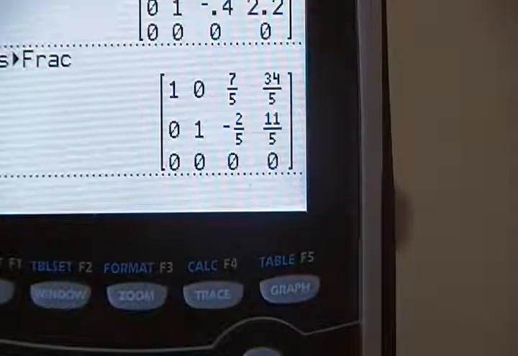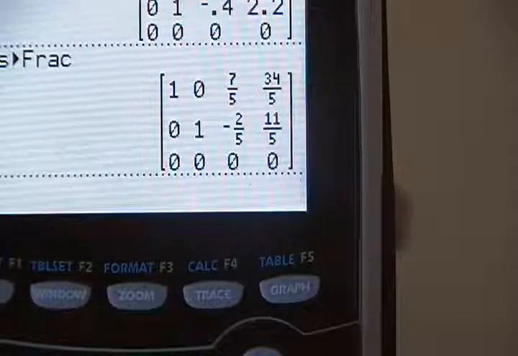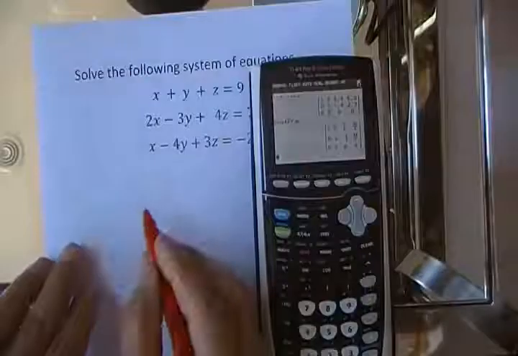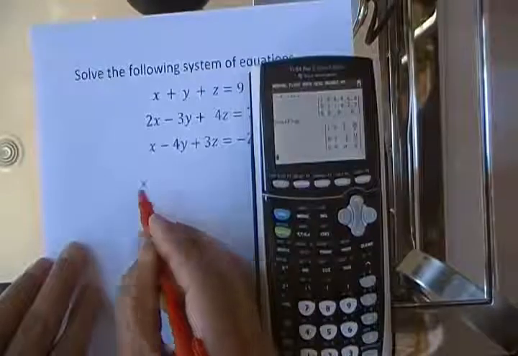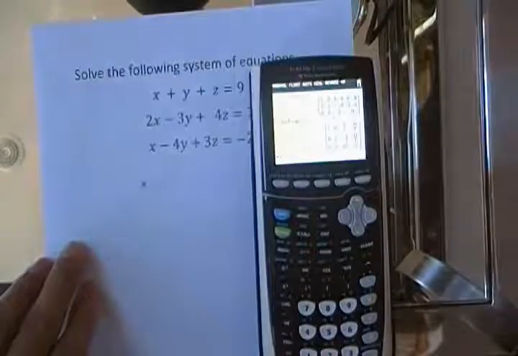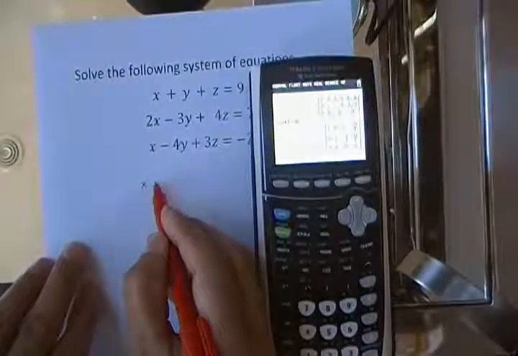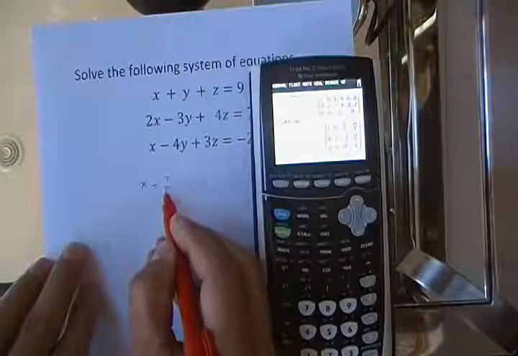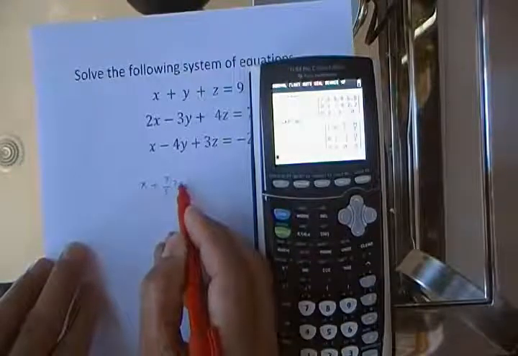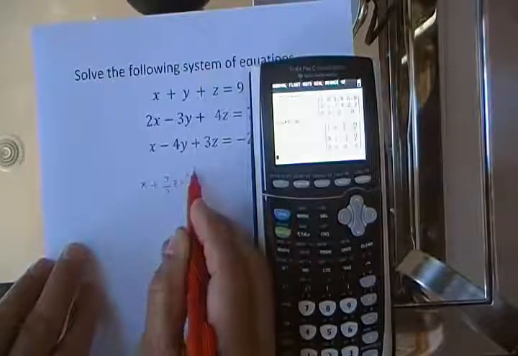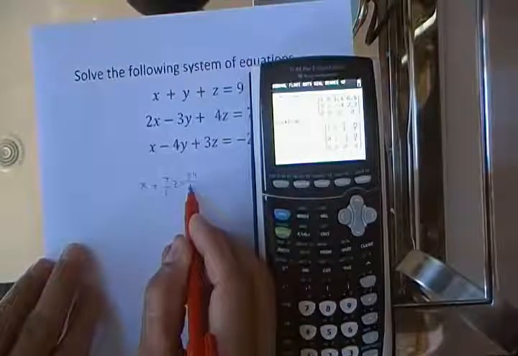Now we have to rewrite this matrix as a system of equations, which is a little bit manual. The equations would be x plus 7/5 of z is equal to 34/5.